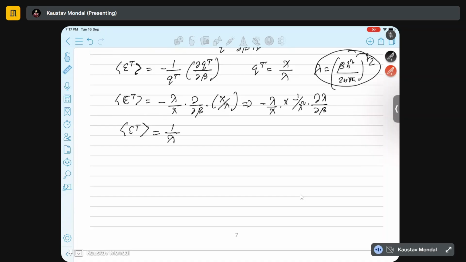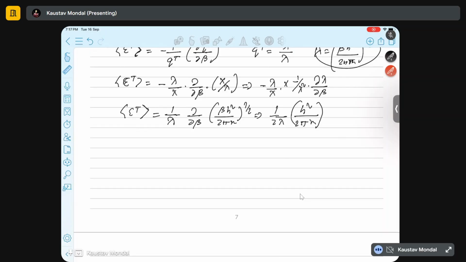So 1 by lambda times del beta of beta h square by 2 pi m to the power half. If we do the derivative, half will come outside, 1 by 2 lambda, and beta goes out.